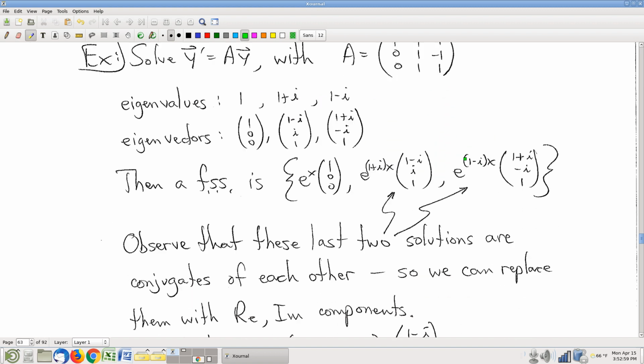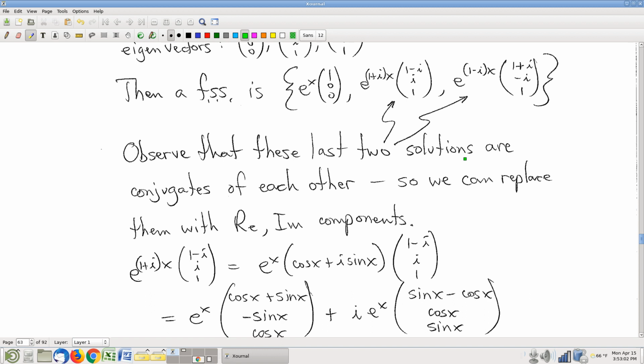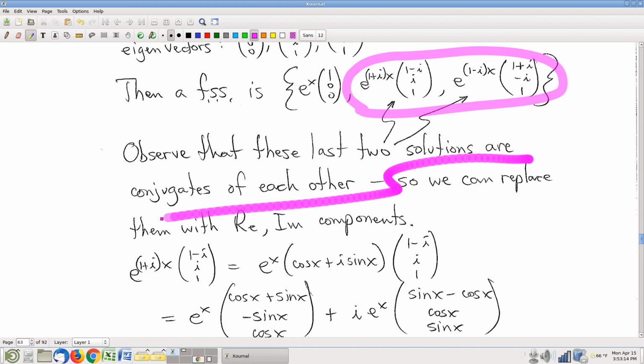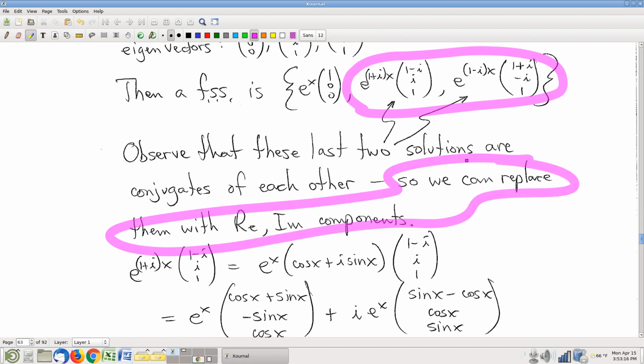Just like we did back in chapter 4, when you have a conjugate pair, such as we have here, conjugate pair of complex valued solutions, you can instead replace them with real and imaginary components.